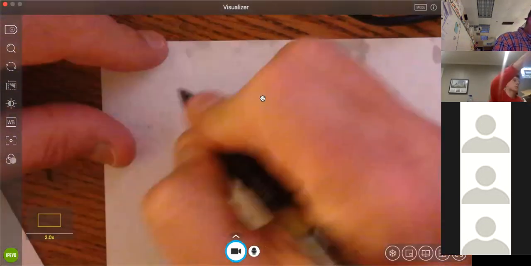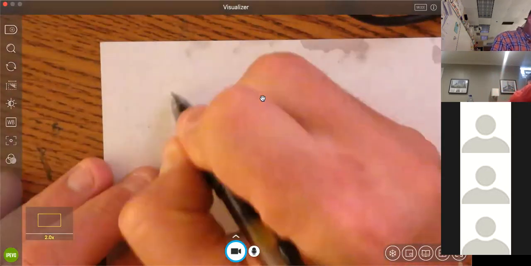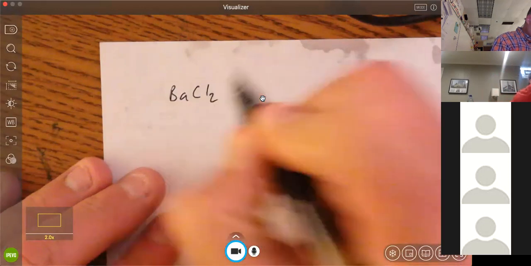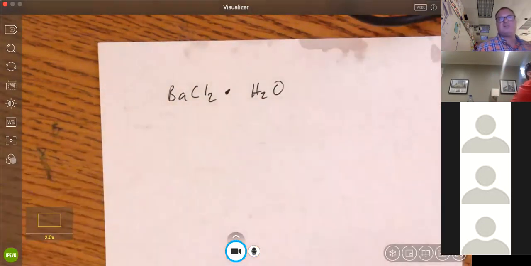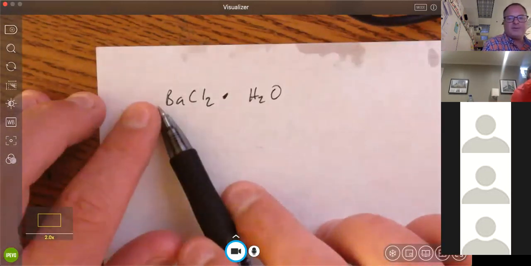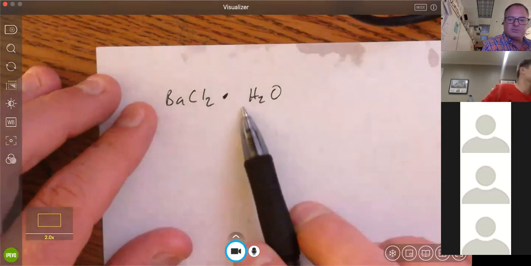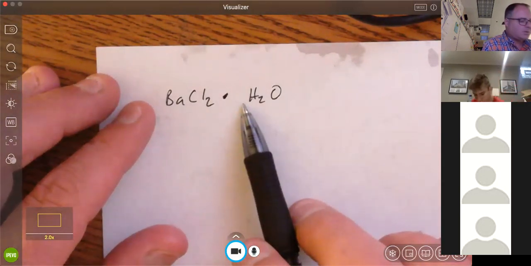So let's take barium chloride. It's a hydrate, so the formula is written like this: for every 1 mole of barium chloride, there are so many moles of water.